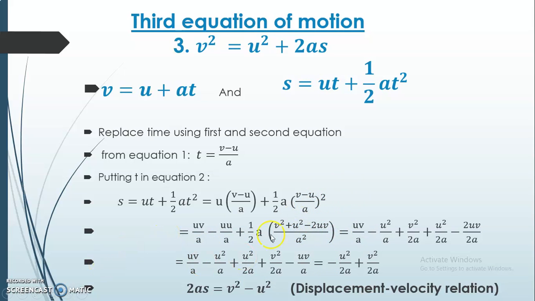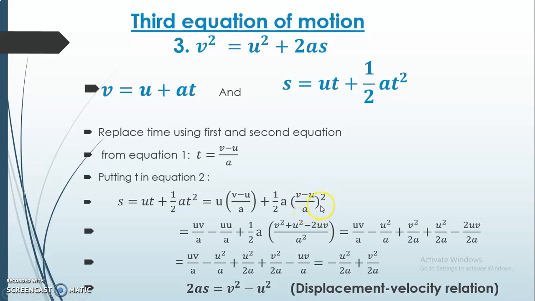So that identity only you can apply over here. Rest everything will become same only. This u can get multiplied, open the bracket, get multiplied with v, it will become uv upon a. This u again gets multiplied with the second term, this will become minus u multiplied by u upon a plus half a, and here we are going to apply the identity, so it will become v square plus u square minus 2uv divided by a square.